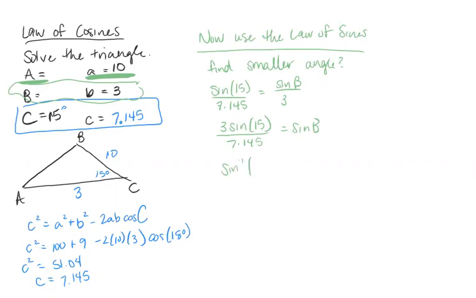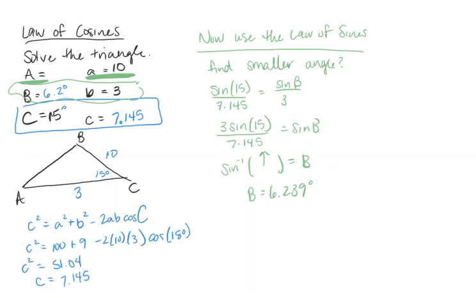So sine inverse of all of that stuff will be equal to angle B. When you do that in the calculator, you get that B is 6.239 degrees. So I'll put that up here. We'll just go with 6.2 up here.